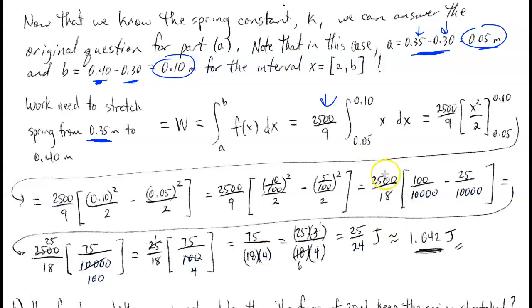And then we figure out that it's just a little over 1 joule that it takes to stretch that spring from 35 hundredths of a meter to 40 hundredths, or 4/10 of a meter. So that is our part A.